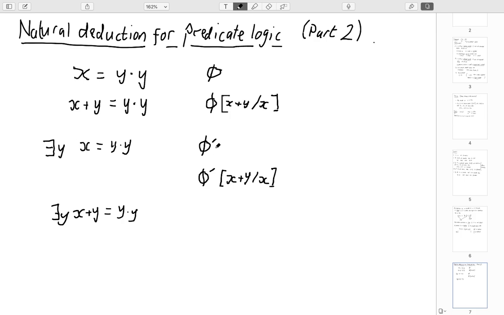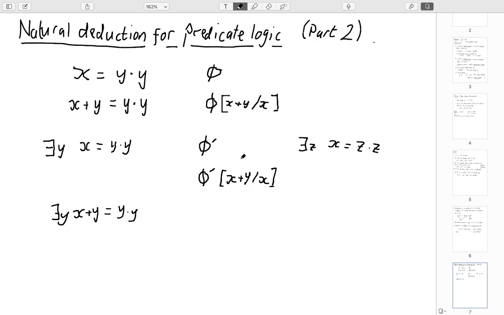This formula could perfectly well be written as there exists a z such that x equals z times z. And now, if we do that, there's absolutely no way. So we view this as basically the same formula, because what you call a bound variable doesn't actually affect what the formula says.